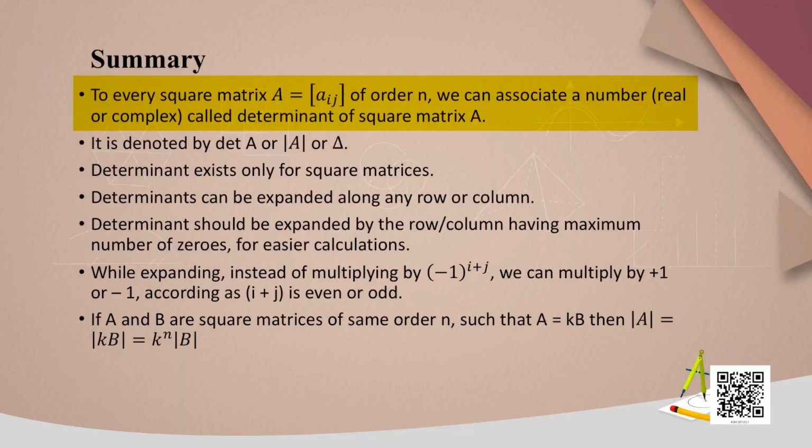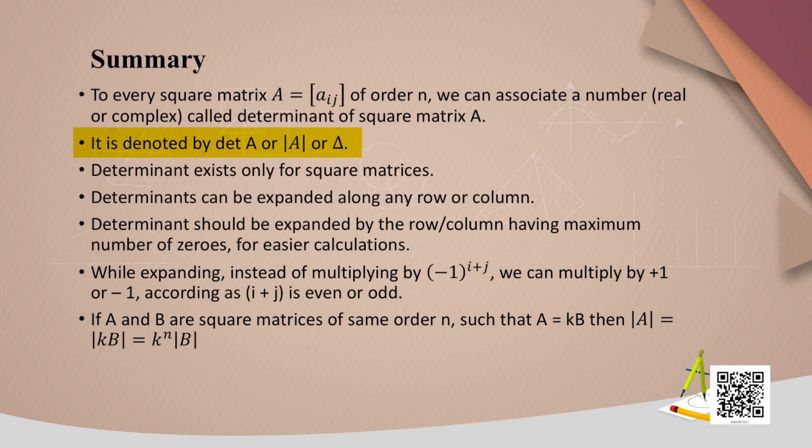Let's summarize whatever we have learned so far. To every square matrix A, we can associate a number which may be real or complex, which is called determinant of the square matrix A. This is denoted by determinant A or this symbol or this symbol.